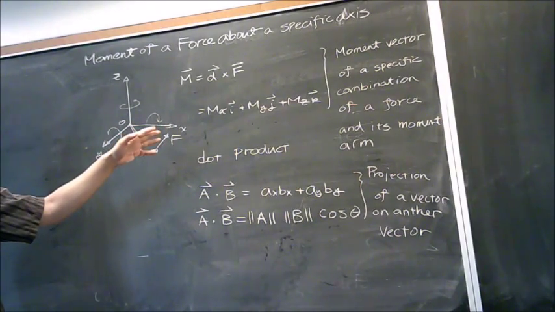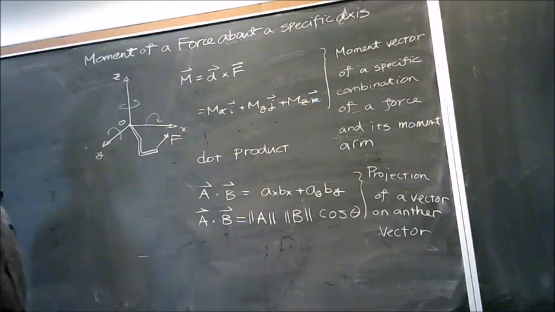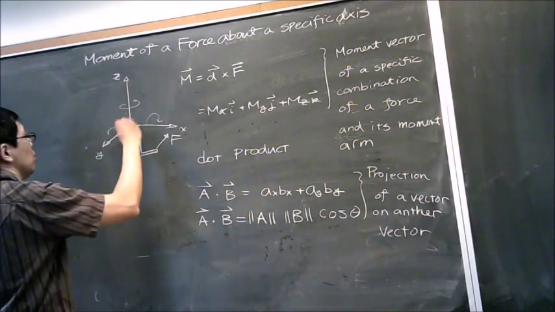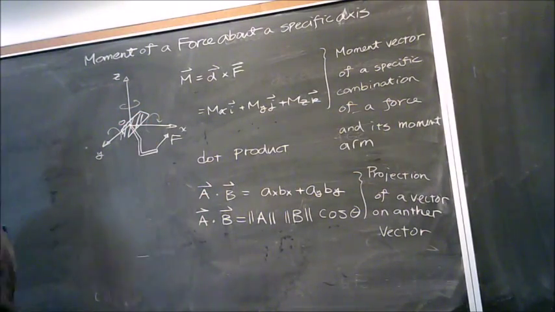However, there is a component in your vehicle that is rotated around some specific angle, and this angle is maybe relative to a wall over here. Now you will need to know the moment created around this thing. Does everybody know the scenario I'm talking about?